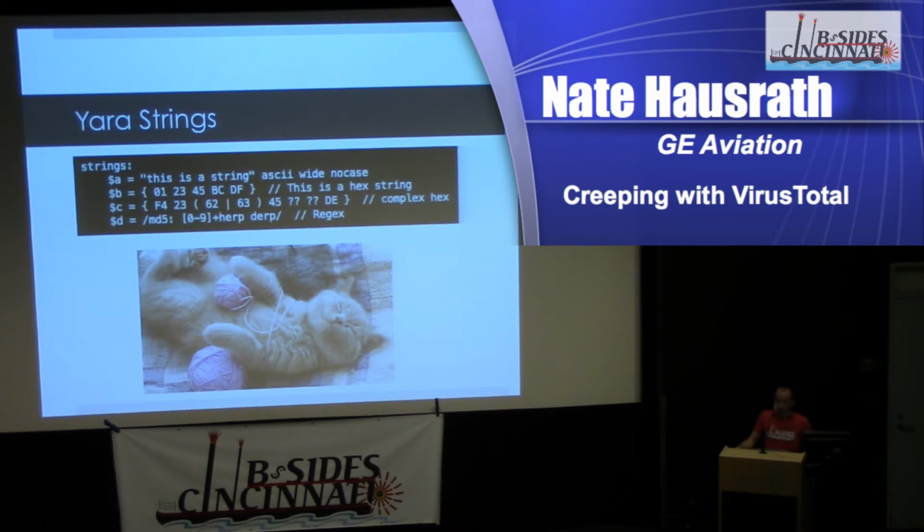Next one, those are our typical hex strings. Already showed that. But C is a little bit more complex hex string. You've got your first 2 bytes, and then the parentheses is kind of a grouping, right? And what you're looking for with the pipe is either 62 or 63. So it could be either of them, right? 45, and then question marks.